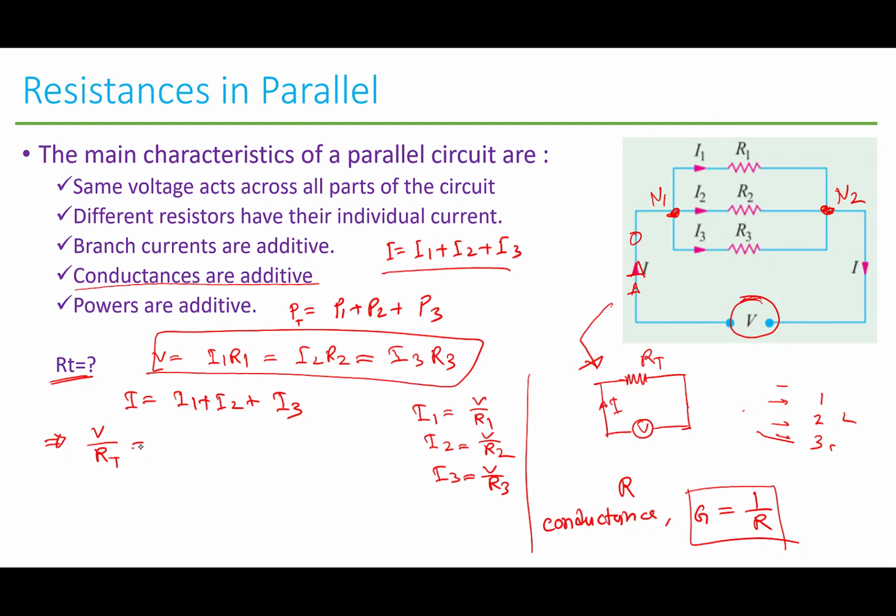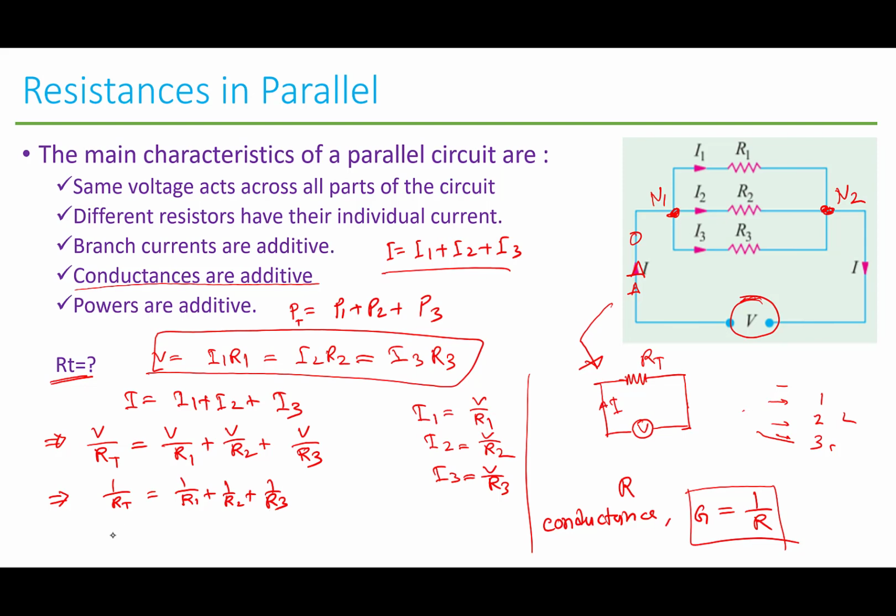Here I1 equals V over R1, similarly I2 equals V over R2 and I3 equals V over R3. Now cancelling V from both sides, we know that 1 over RT is 1 by R1 plus 1 by R2 plus 1 by R3.